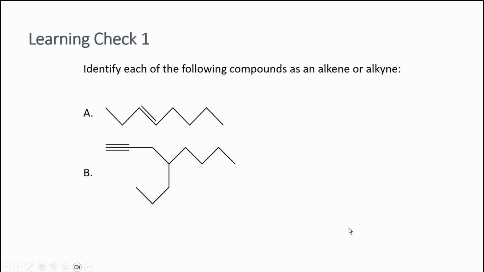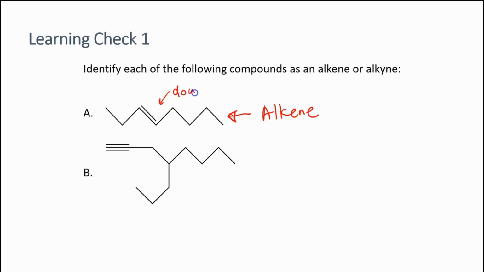Let's do a learning check. Identify each of the following compounds as an alkene or alkyne. You can do this on your own, just looking at the bond types in the compounds. You can determine whether it's an alkene or alkyne. Yes, A is an alkene because this contains a double bond.